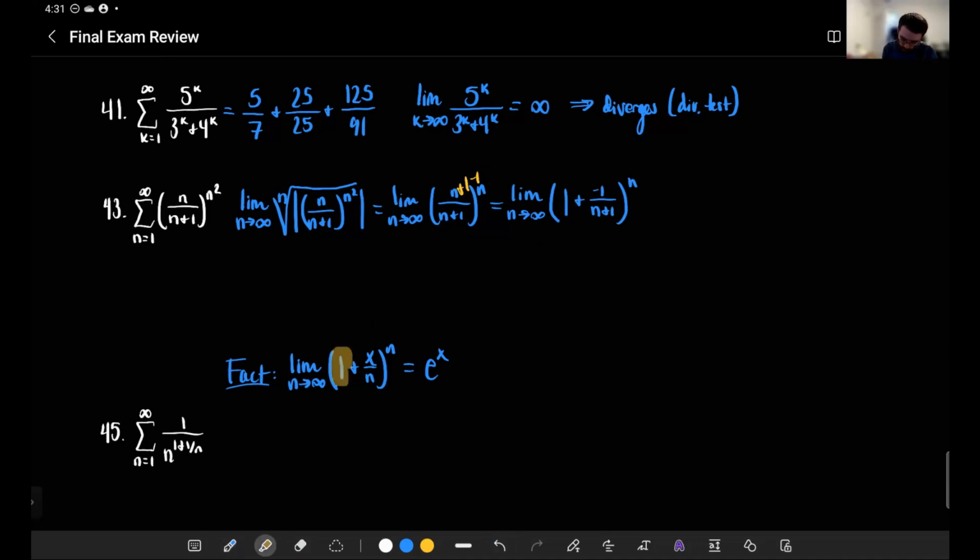And I have 1 plus something raised to the nth power. The only discrepancy we have right now is that these are not the same thing, whereas in the formula, they are the same. It doesn't matter if they're both n, I just want them to be the same. So could I make them the same? Yeah, I could.